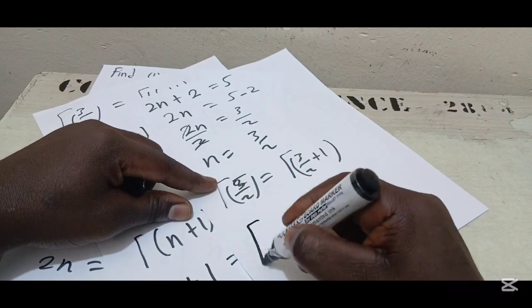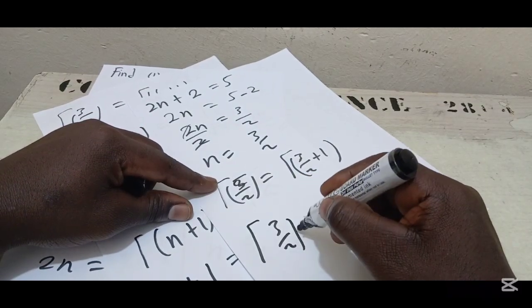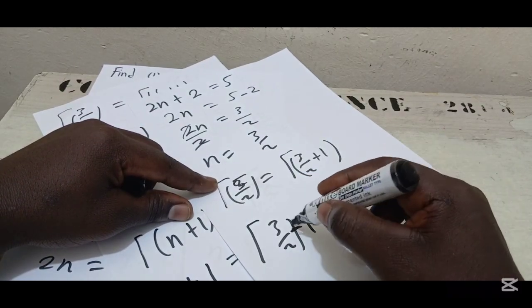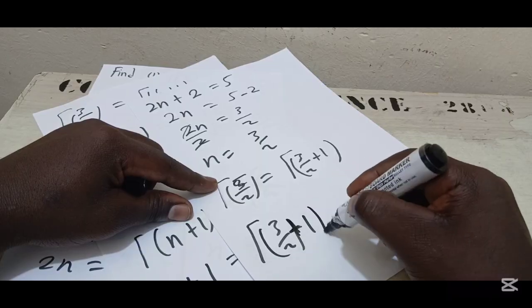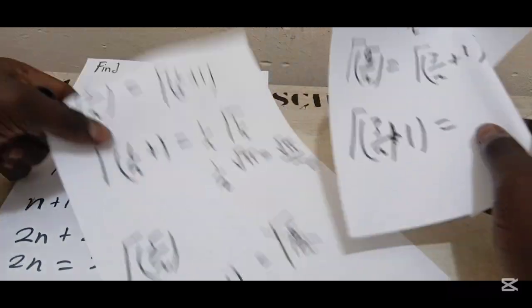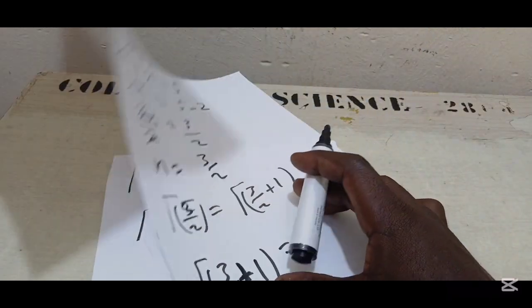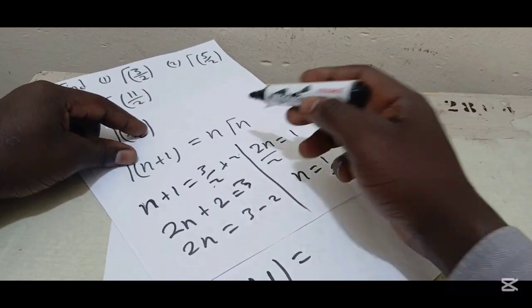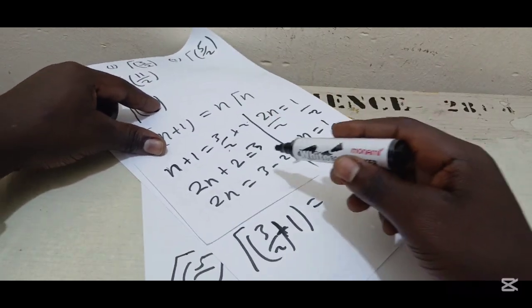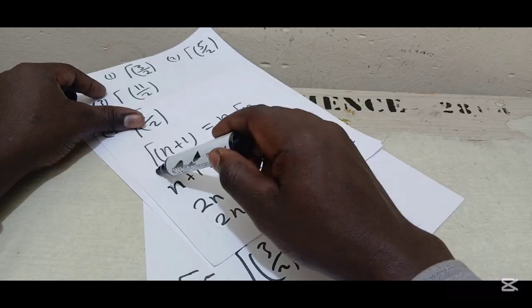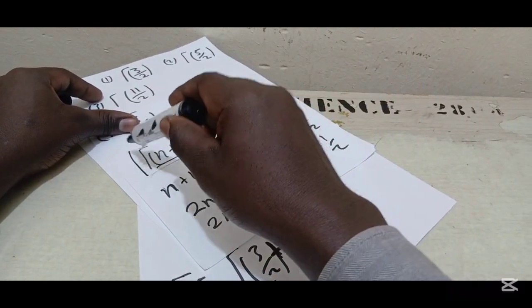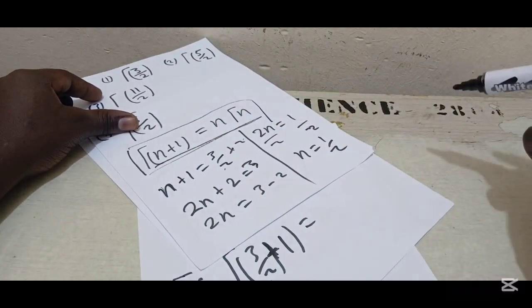Comparing this to our general formula, you could see that our n is 3 on 2. Like I told you earlier, with fractions, we'll be using this formula.